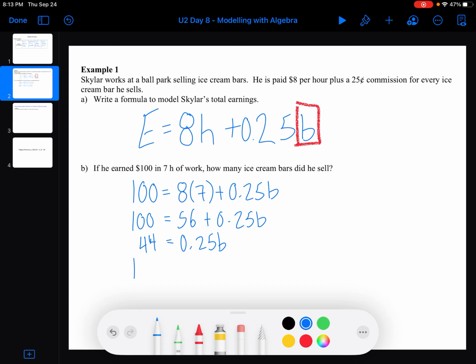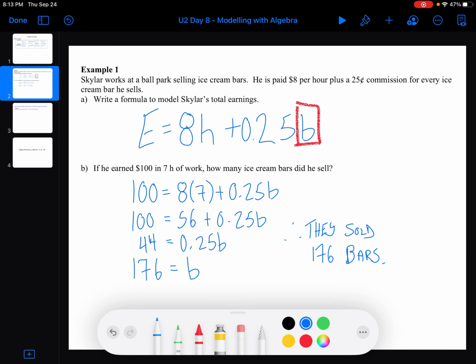So that's 176 equals B. So what that actually means is therefore he sold, is it he, Skylar? It could be a she. They sold 176 bars. Oh, it is a he, it says in the question.